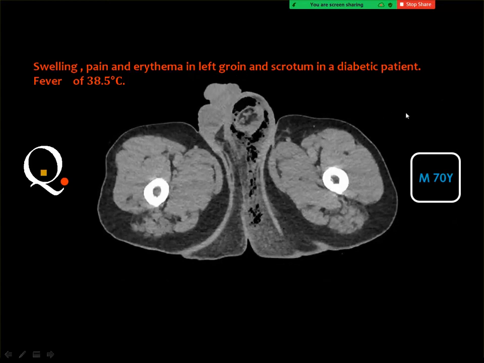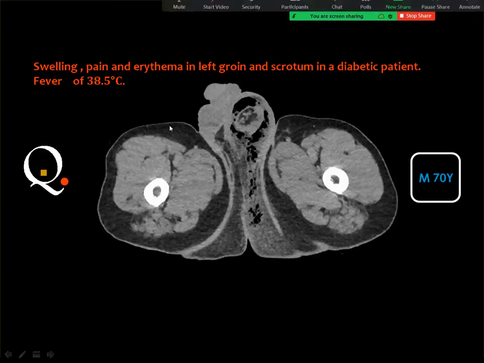The next case is a male, 70 years old. He is a diabetic patient presenting with swelling, pain, and erythema in the groin and scrotum with fever.